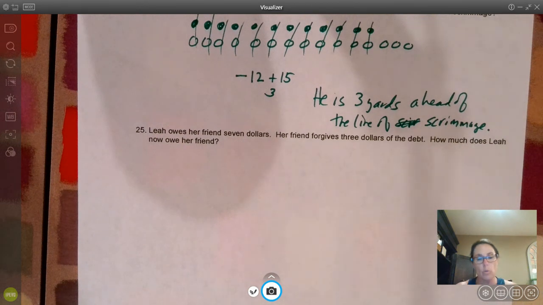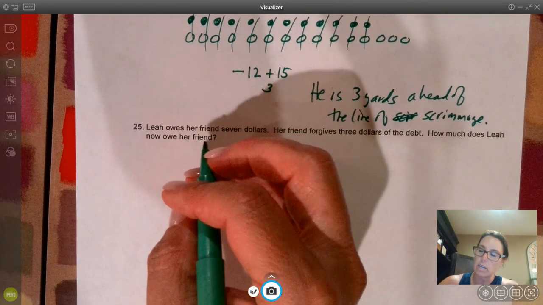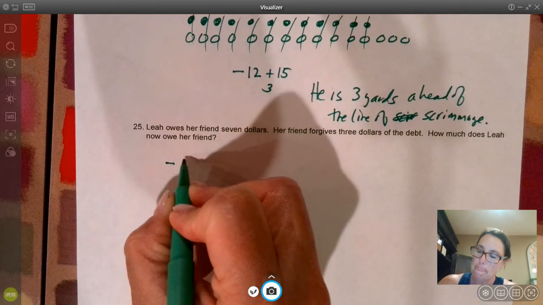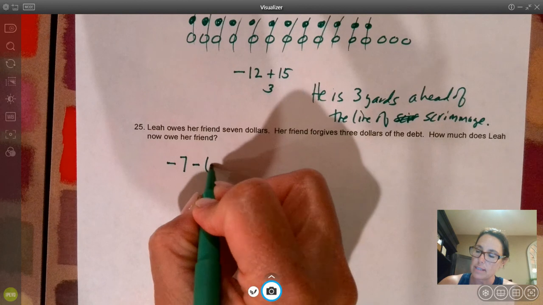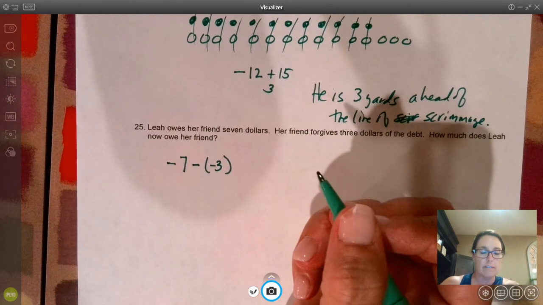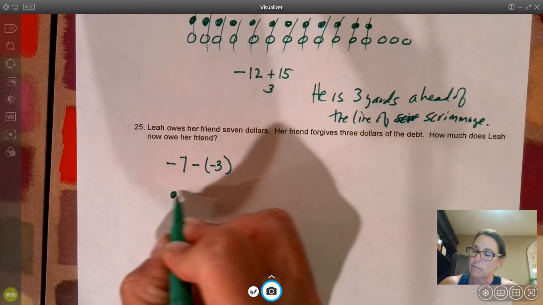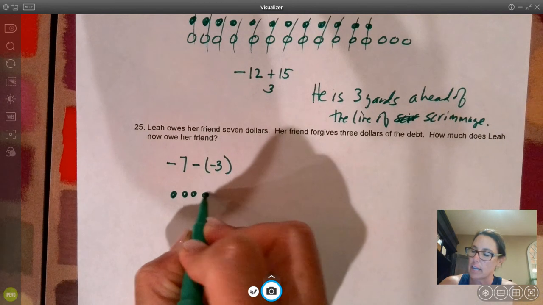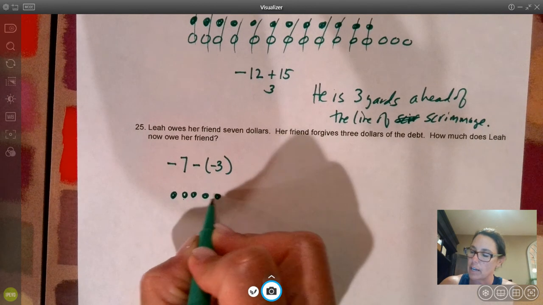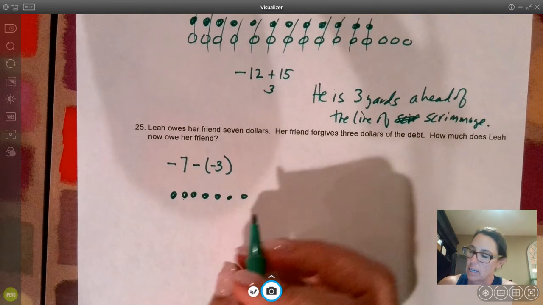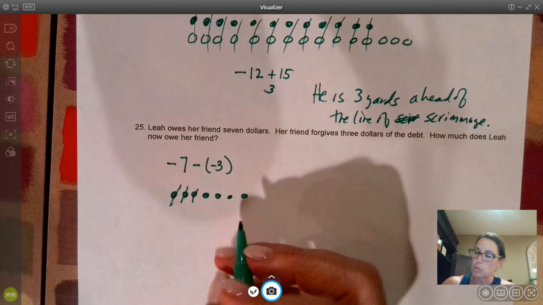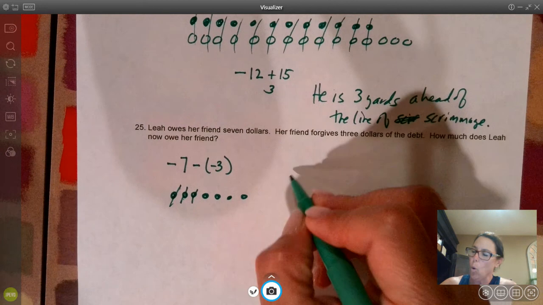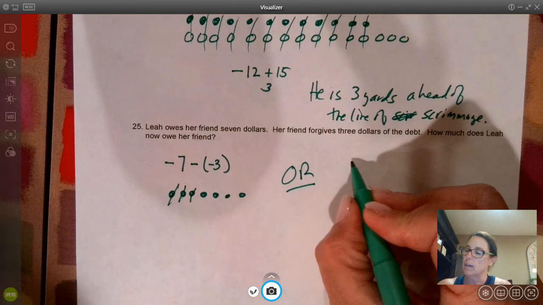Okay, so a couple of ways. Okay, we can do owes 7, and we're trying to find the difference of negative 3. So if we have 7 negatives, 1, 2, 3, 4, 5, 6, 7, and we take away 3 negatives, we're left with 4 negatives. Okay, or maybe your brain sees it this way.